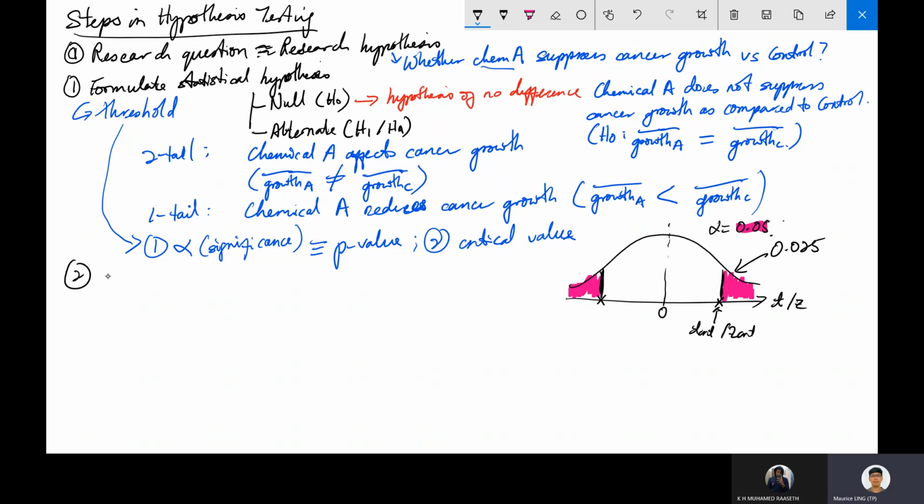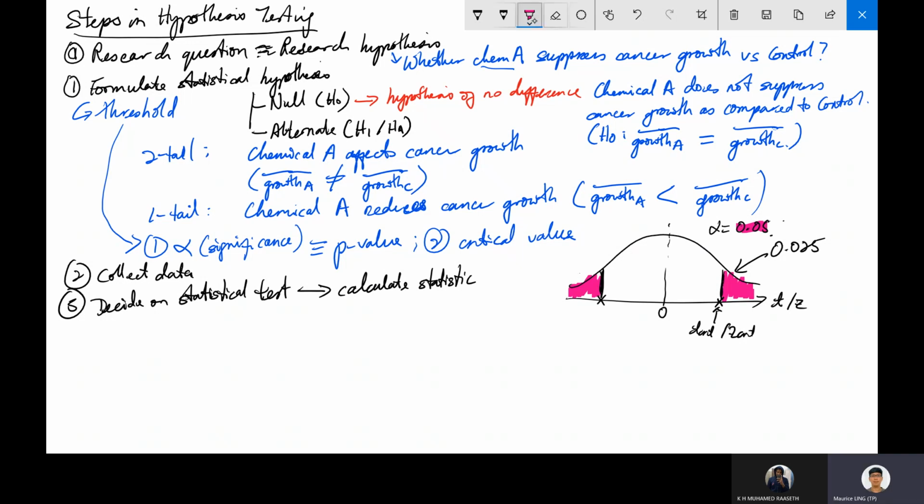Step 2 is you collect your data. All of you know how to do that very well. The third step is to decide on the statistical test, and from there you calculate a statistic, calculate a value.